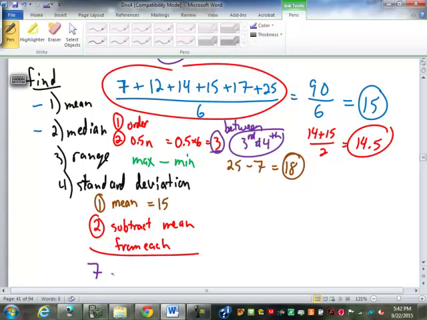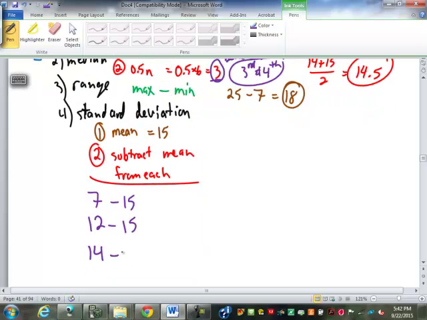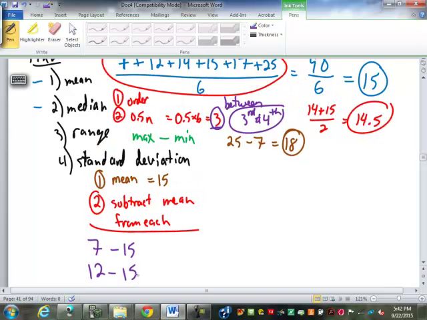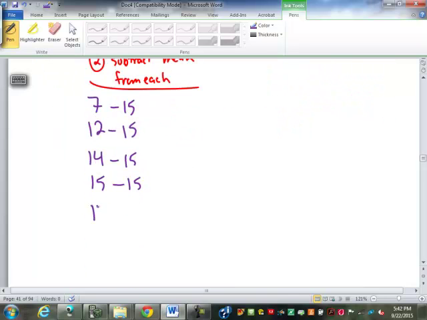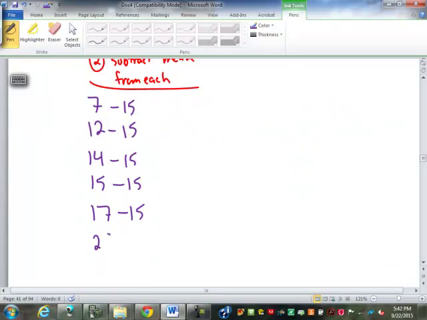So we're going to take 7 and subtract 15, 12 and subtract 15, 14 and subtract 15, 15 and subtract 15, 17 and subtract 15, and is it 25? Yeah, 25 and subtract 15.